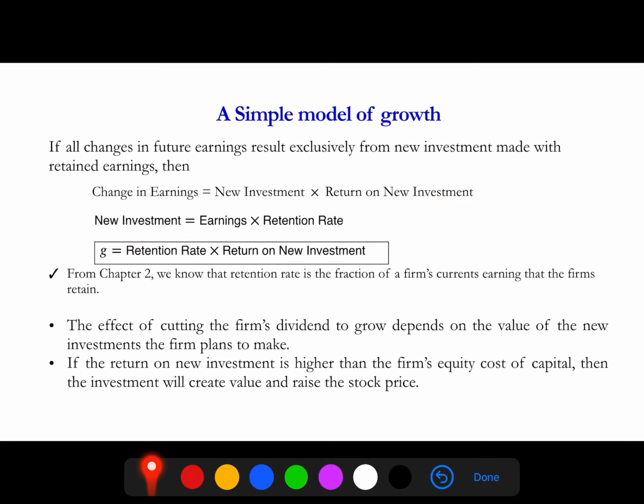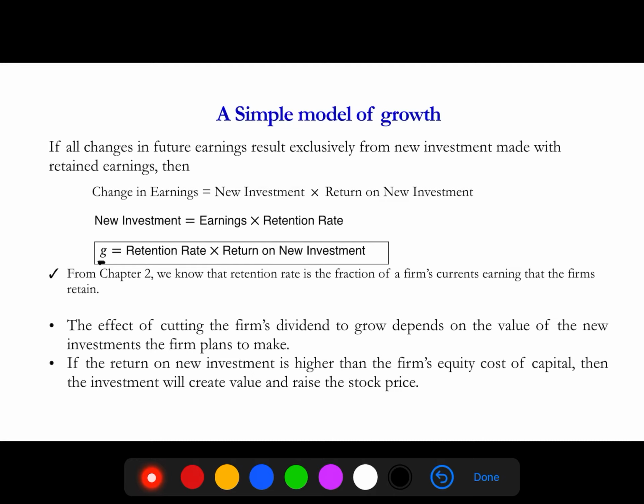And the new investment itself is earnings multiplied by the retention rate, how much we retain versus how much we pay out as dividends. So here we can come up with an estimation for the growth rate. The growth rate g equals the retention rate multiplied by the return on new investment.